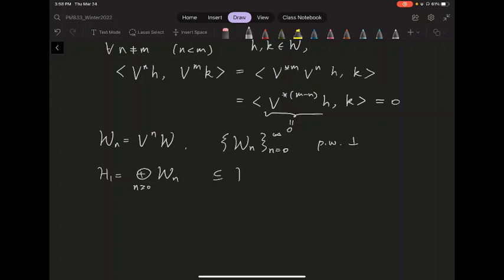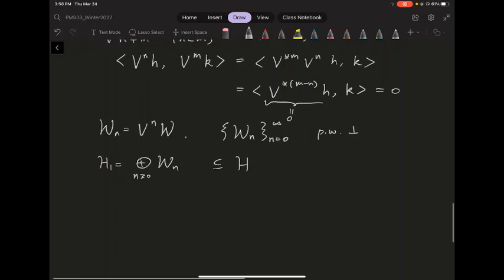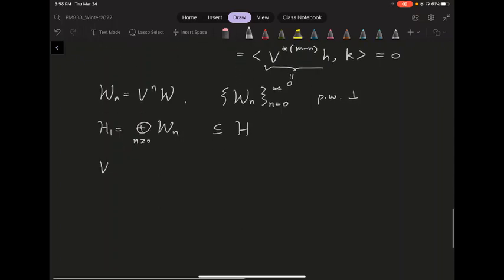That's going to be a subspace of H. And if you think about what happens when you apply V to this space, first of all, H1 will have to be invariant under V, because V of each of these Wn is going to be contained in W of n plus 1. And you take the direct sum, so that just means V of H1 is contained in H1. Okay, so H1 is invariant.